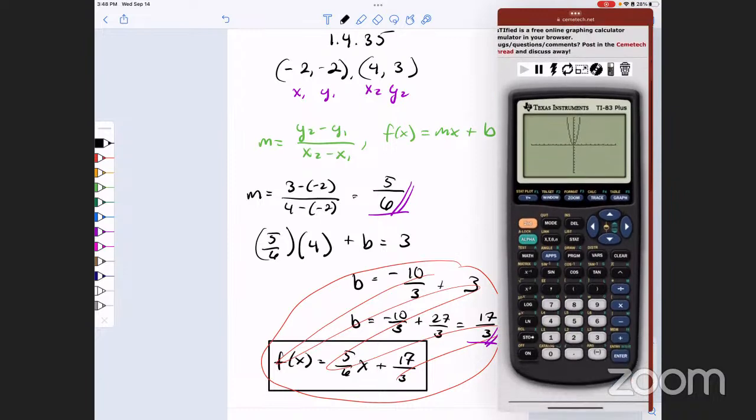I'm getting you guys out of here. If I do 3 minus 5 by 6 times 4, a -1/3. Why am I not getting that when I did the other thing?